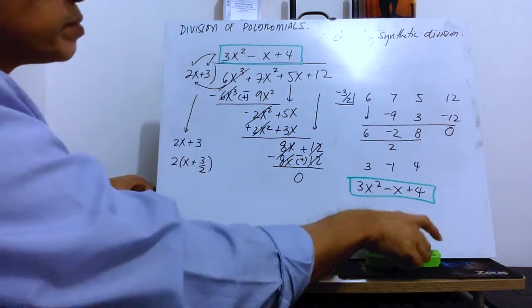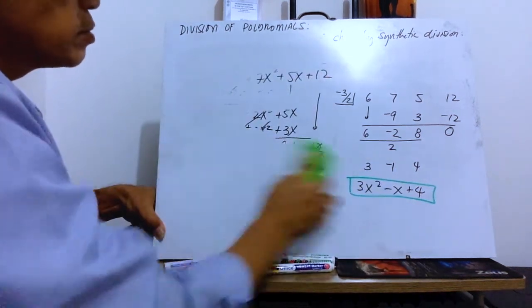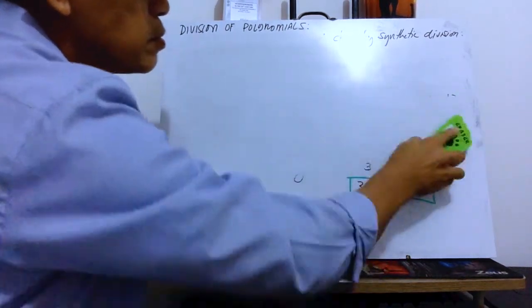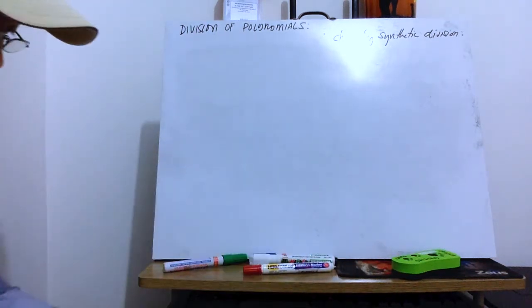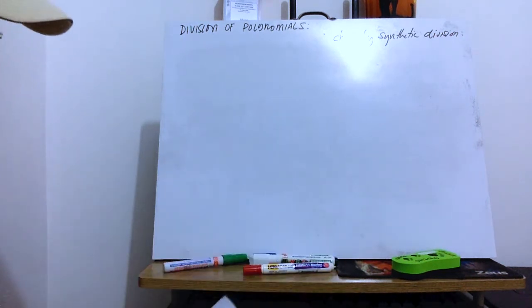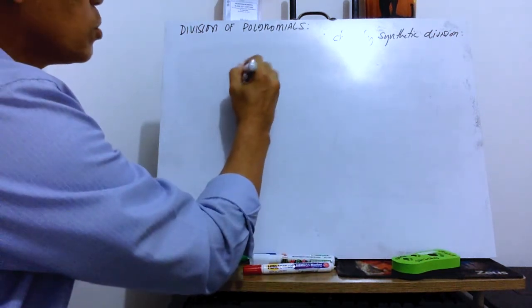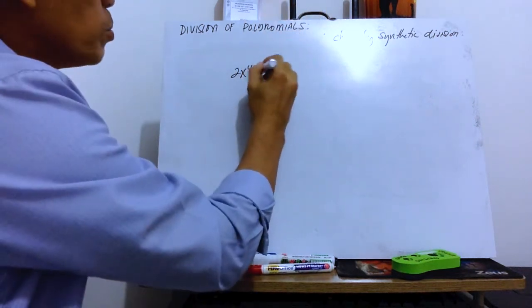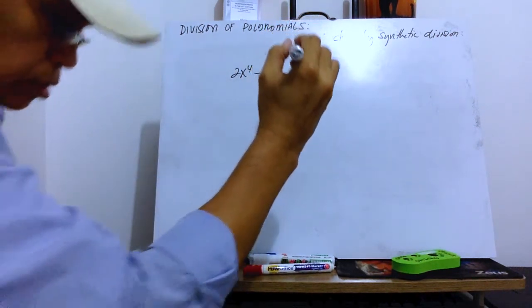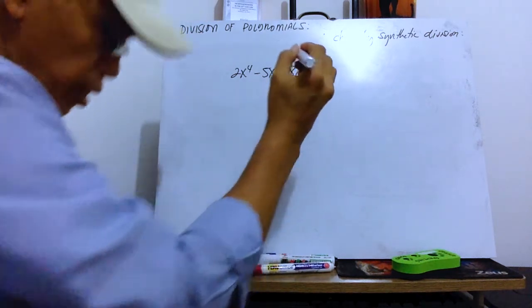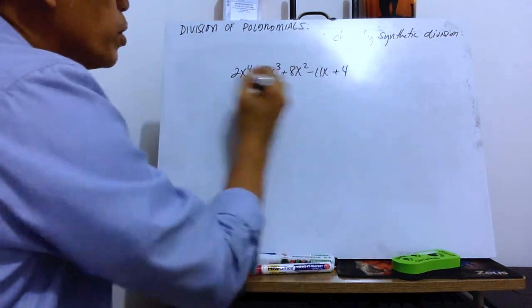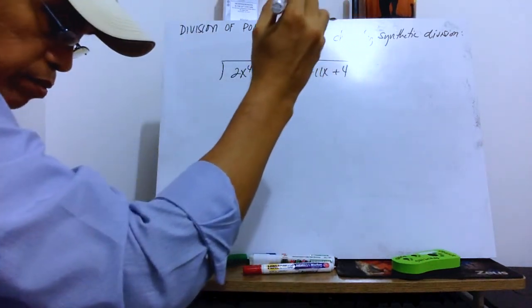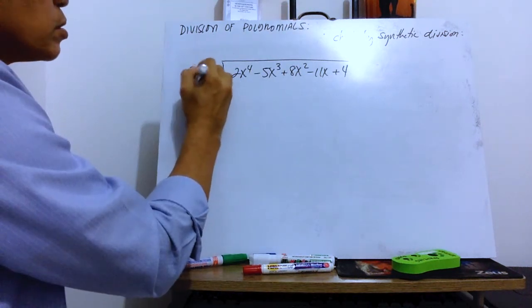One last example. I have one left here. So 2x to the 4th minus 5x cubed plus 8x squared minus 11x plus 4 divided by 2x minus 1.